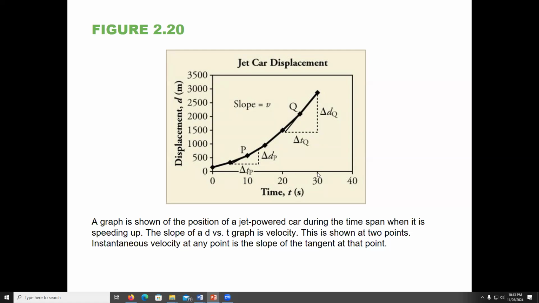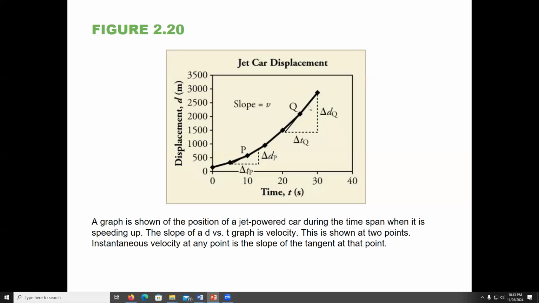The trip took 30 seconds, and the displacement was 3,000 meters. So we divide 3,000 by 30 seconds. That's displacement divided by time, that is the velocity. That will give you the average velocity.